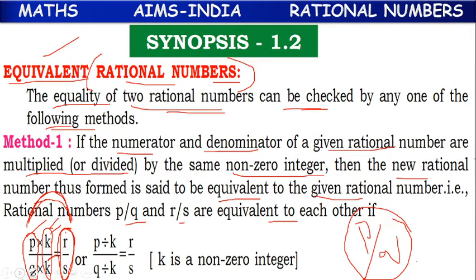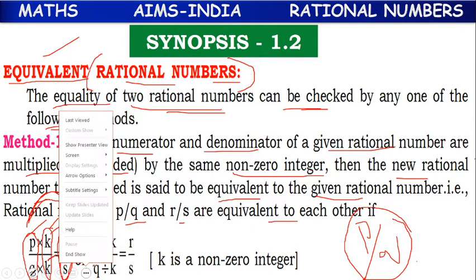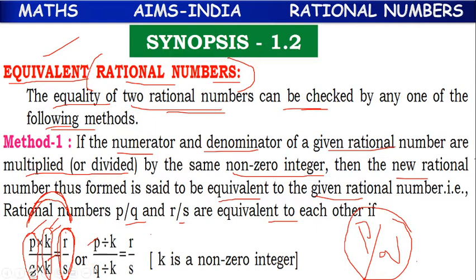Or both the numerator and denominator are divided by the same non-zero integer, then the resulting rational number is equivalent to the given rational number. Means for the given rational number, numerator will be there, denominator will be there.